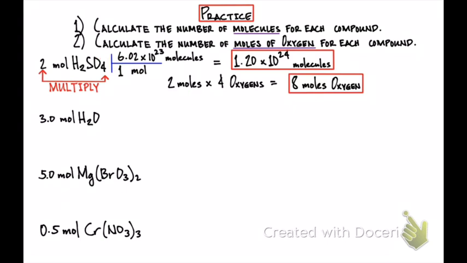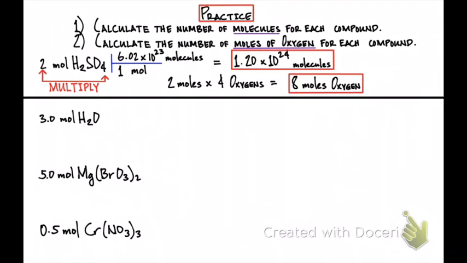All right, for the second one over here, we have 3 moles of water. So calculate the number of molecules for each compound. So if we have 3 moles of water, all you have to do is multiply that by Avogadro's number, and that gives you the total number of water molecules. So again, set up your dimensional analysis.